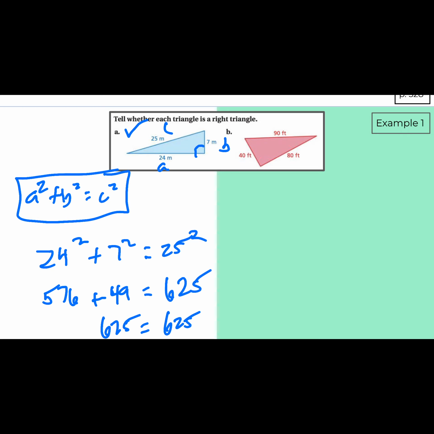Now, letter B, it's a little bit harder to see, I think, which angle could be our right angle, so what our a squared and b squared should be. But how do we know, if letter B is a right triangle, where we might put the right angle and what a and b should be?